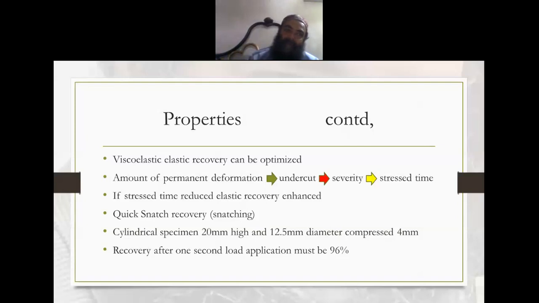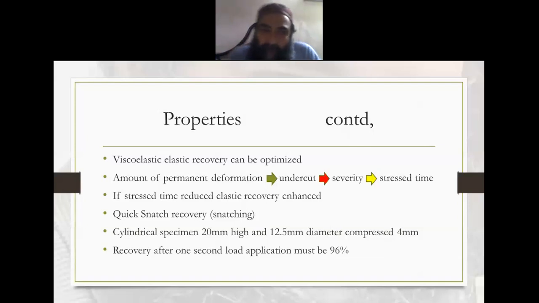Whenever you press it, it goes downward to the lower level, and then when the load is removed from that shock absorber, it slowly and gradually recovers.